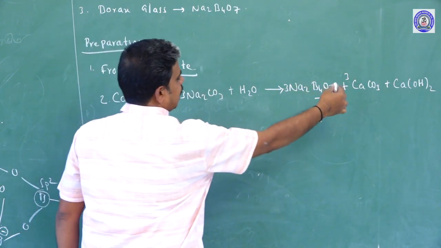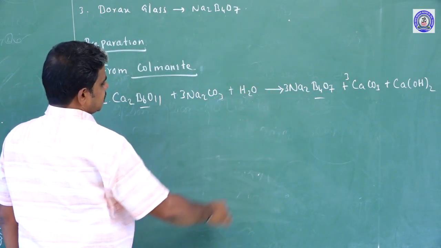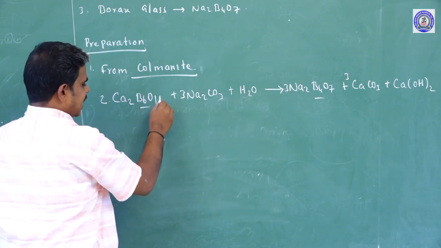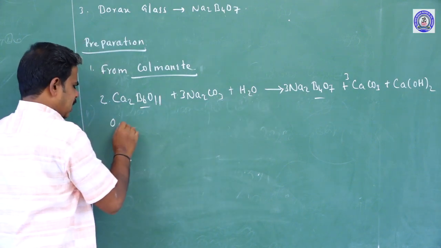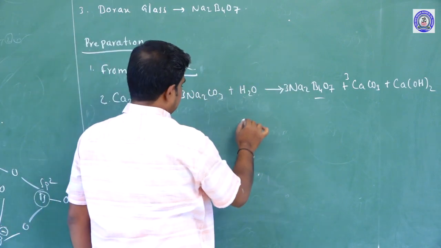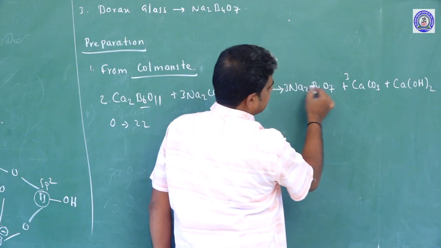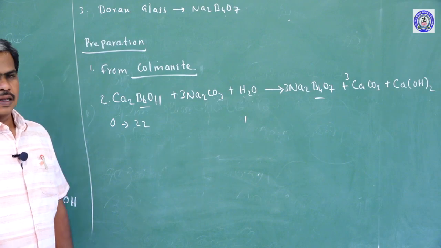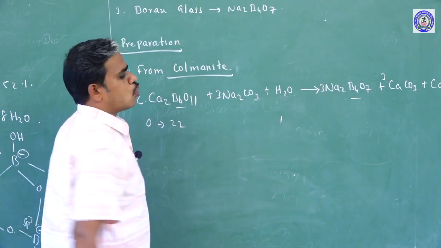And oxygen: 2 into 11 is 22, and here 1, so 23. And 3 into 3 is 9 from carbonate, so it is balanced. So from colemanite we may get borax.